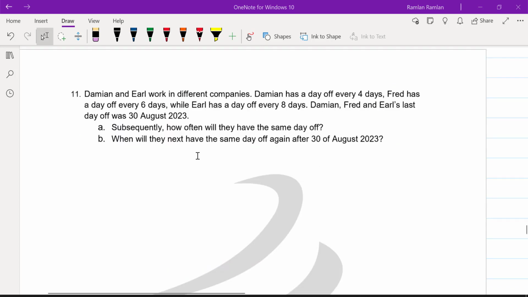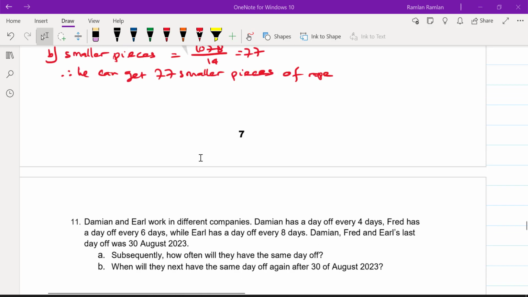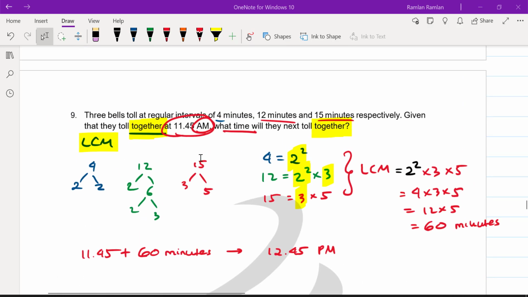Okay, so for number 11, I'm not going to give you the answer, but I'm going to tell you that number 11 has the exact same concept as number 9, right? So here, you're going to find the LCM first, and then just add that to the time that they start together.